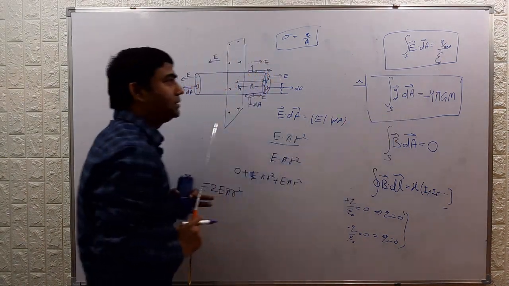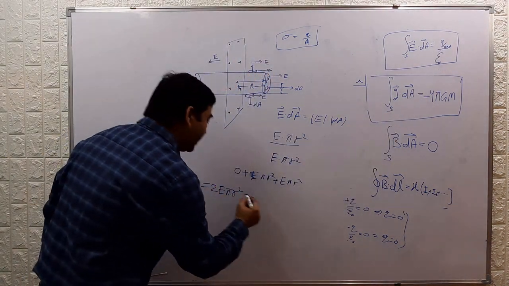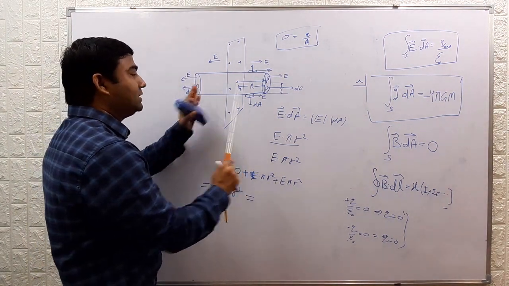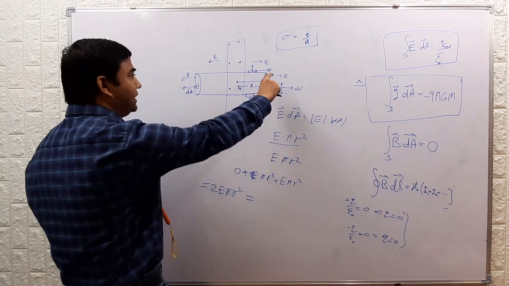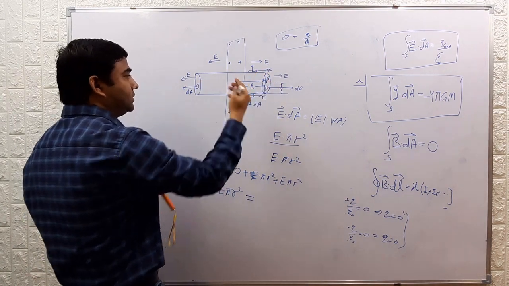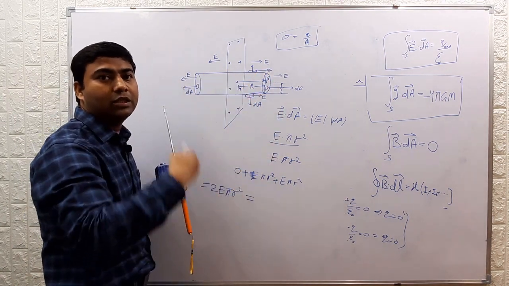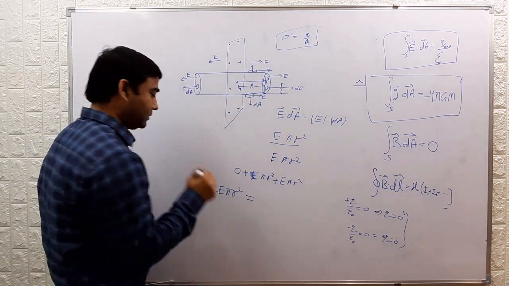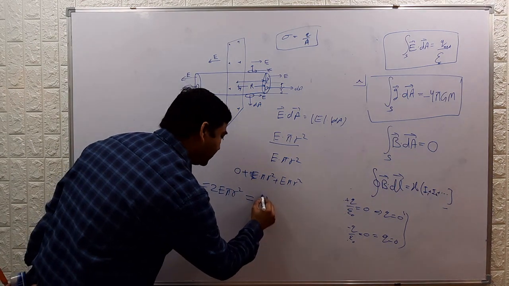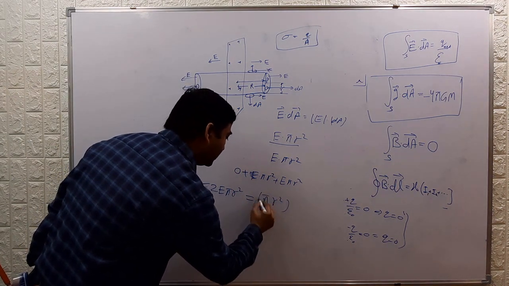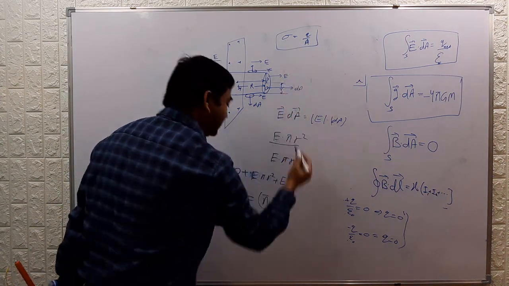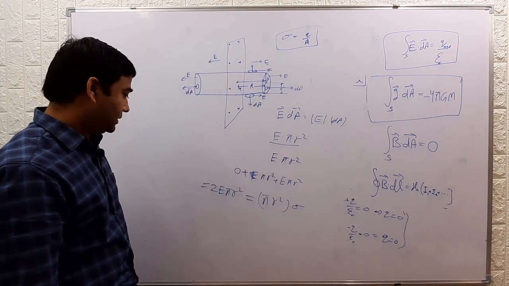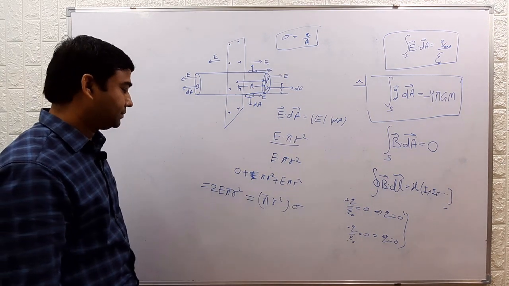This equals Q net by epsilon 0. Q net is the charge enclosed by the cylinder. When it crosses this sheet, the cylinder cuts the sheet in a circular flat area equal to this flat surface, that is pi r squared. So the area of the sheet is pi r squared, and the surface density is sigma.